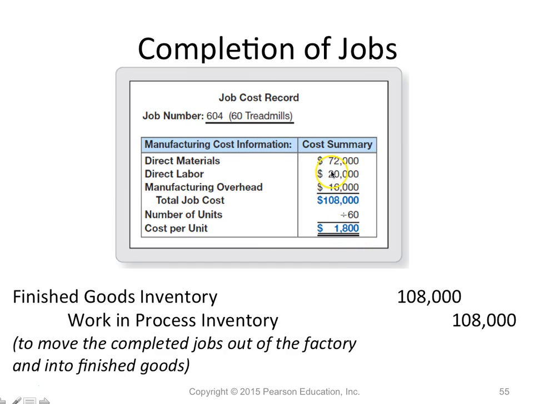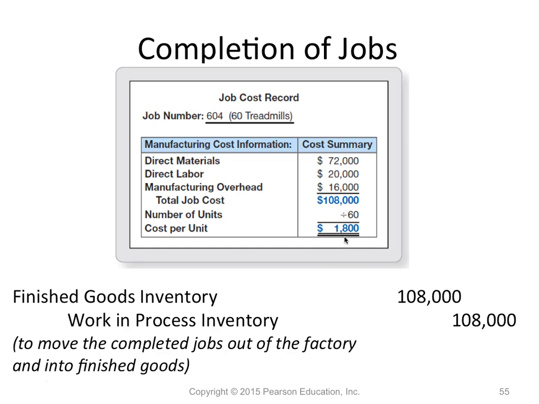So to complete the job, for job number 604: direct material 72,000, direct labor 20,000, and manufacturing overhead 16,000, and the total will be $108,000, divided by 60 units. Cost per unit is $1,800.